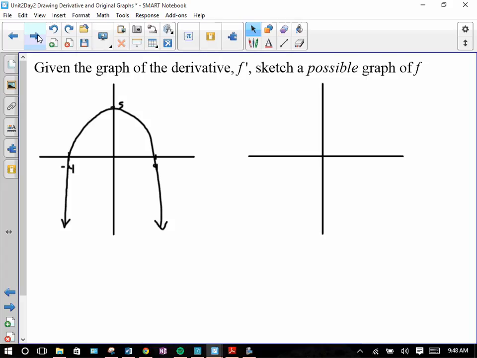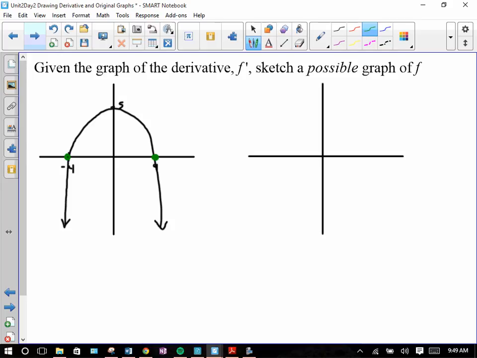So first of all, where is the first derivative equal to 0? The first derivative is equal to 0 at negative 4 and at 4. So this tells us at negative 4 and 4 that we're going to have a potential what?